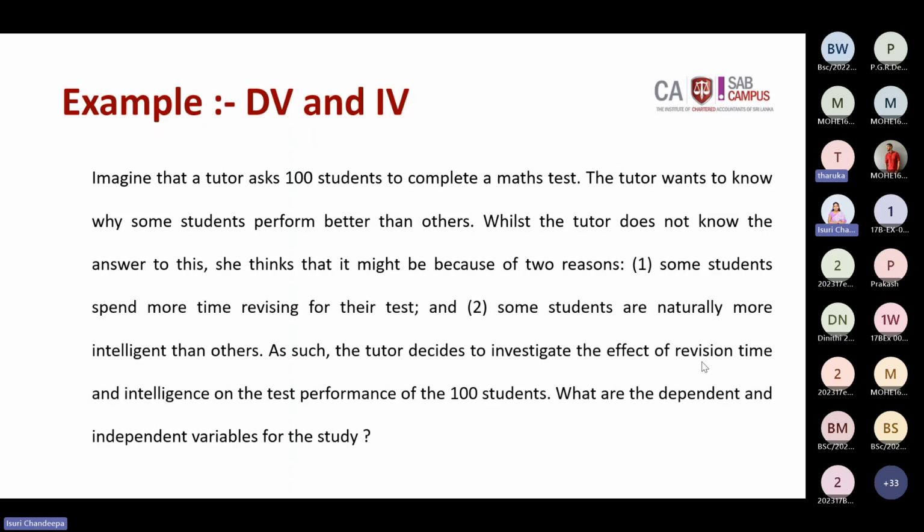The independent variables are revision time and the intelligence, right? Based on the revision time and based on the intelligence, definitely it will create an impact on the test performance. What is the research area? The 100 students. Our sample is 100 students.